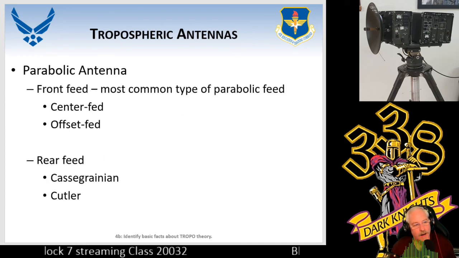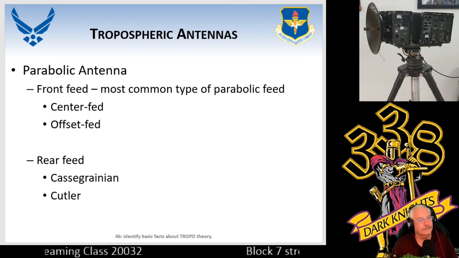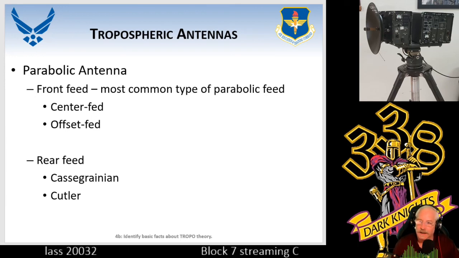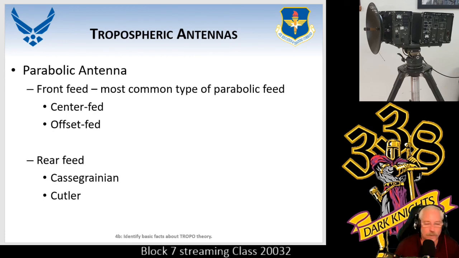So parabolic normally has either a front feed, center or offset. And the rear feed has two different types called a Cassegrainian and the Cutler. Now the Cutler is what the JERK 239 uses. We'll get to that in just a minute.